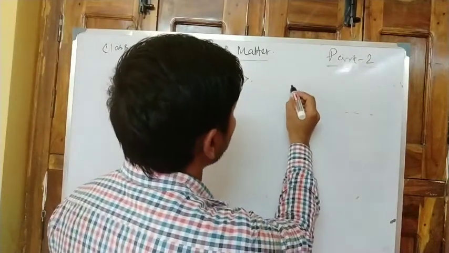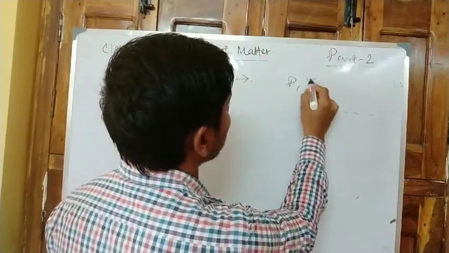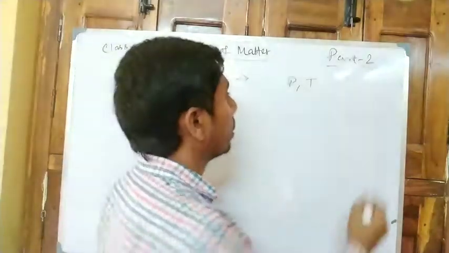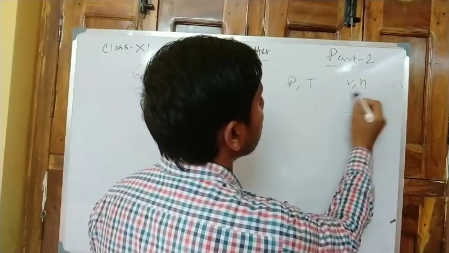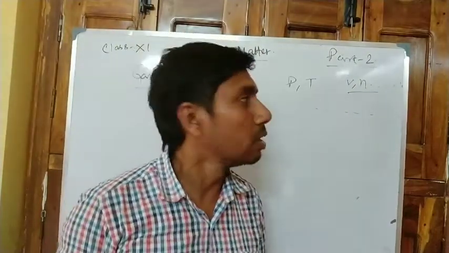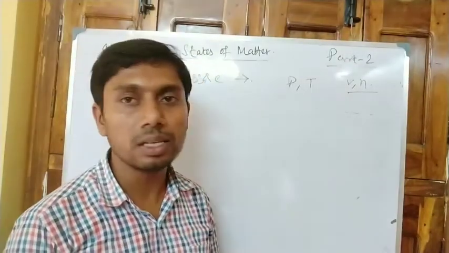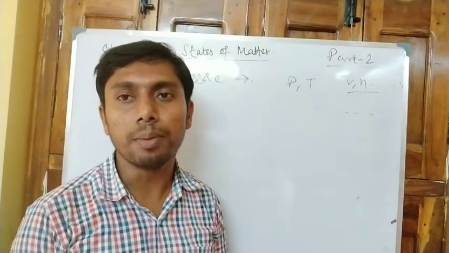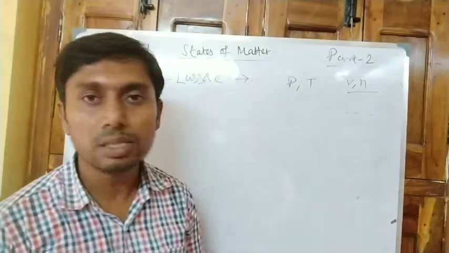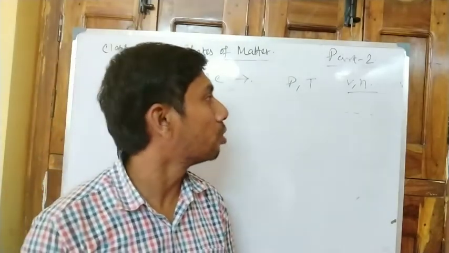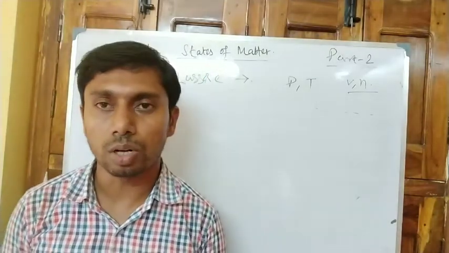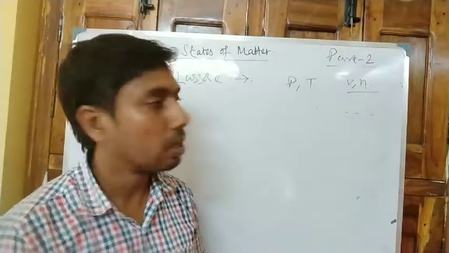So the left-out quantity is the volume. The statement is, for a fixed amount of gas and at a fixed volume, the pressure is directly proportional to its absolute temperature.